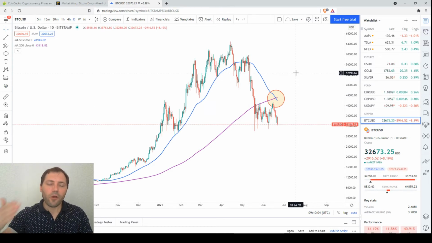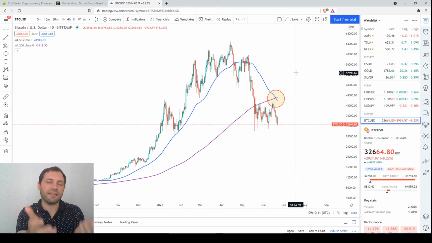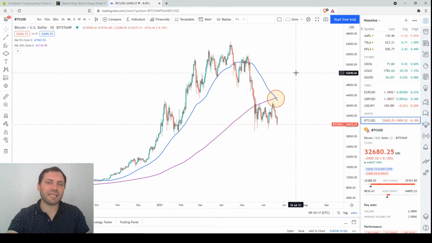Now, usually when I talk with traders and they say I use this kind of indicators or technical analysis, I always ask them, for example, why do you use exactly these numbers?